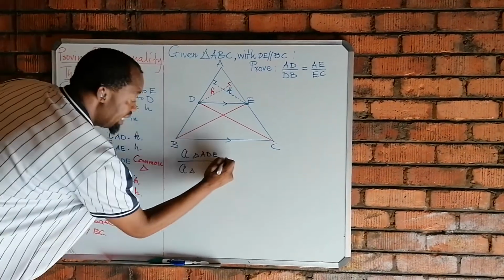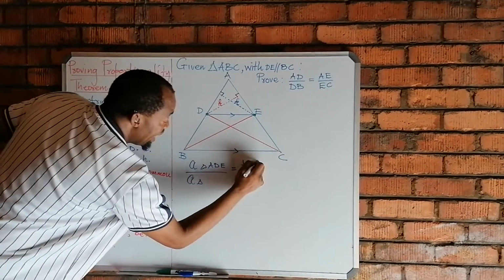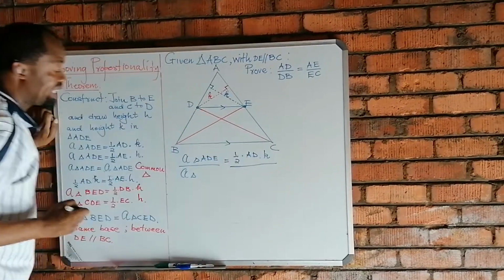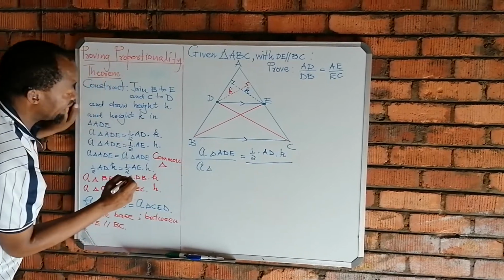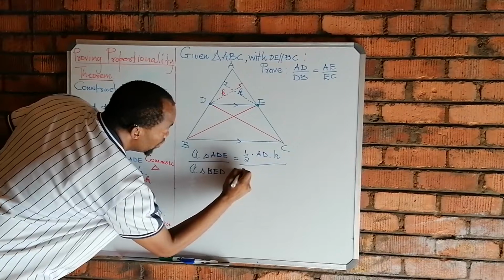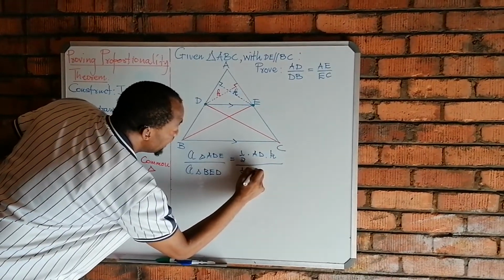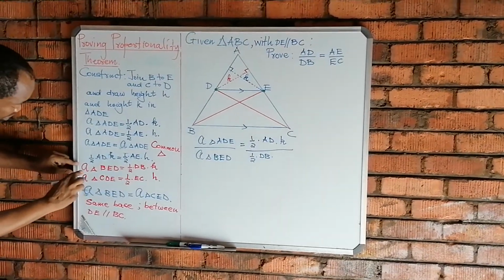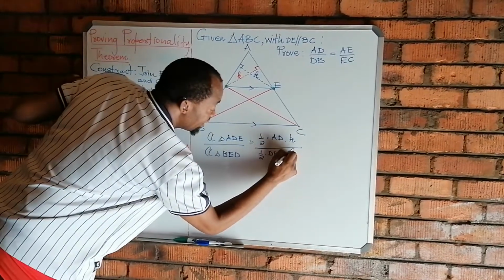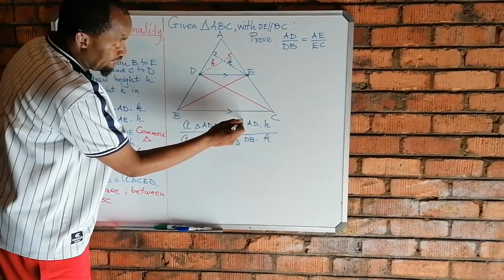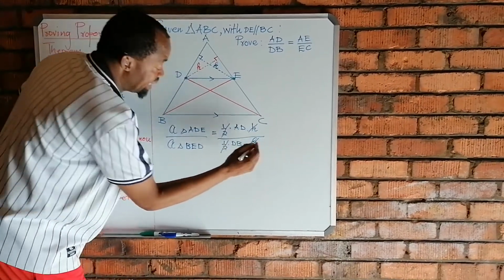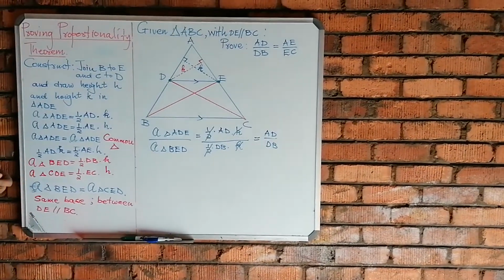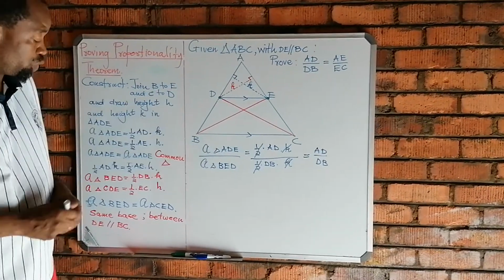Area of triangle ADE is half AD multiplied by small k, divided by area of triangle BED, which is half DB multiplied by the height K. Half will cancel half, K will cancel K, meaning that AD divided by DB is the quotient of the areas of these two triangles.